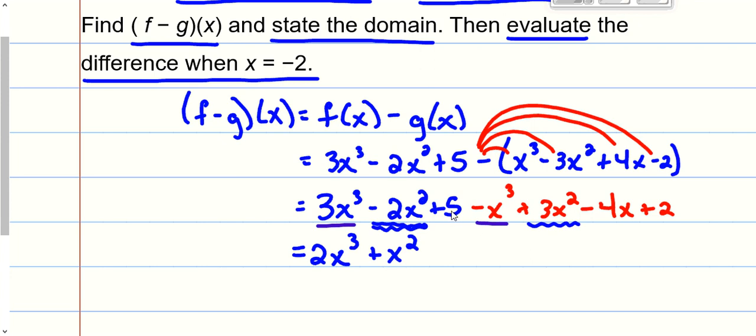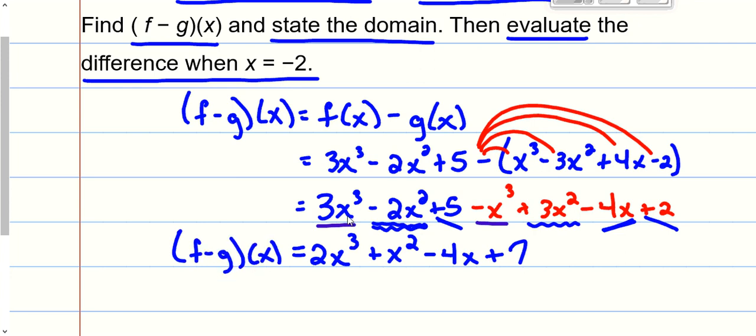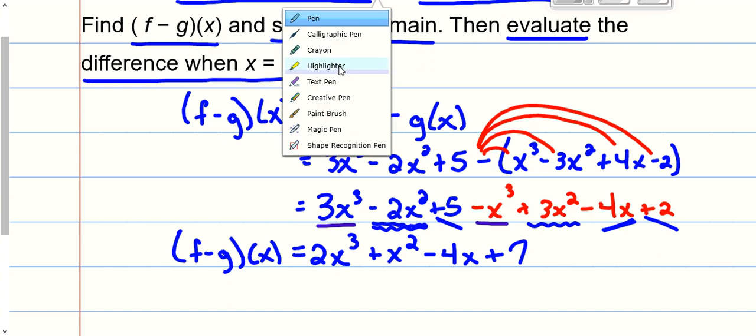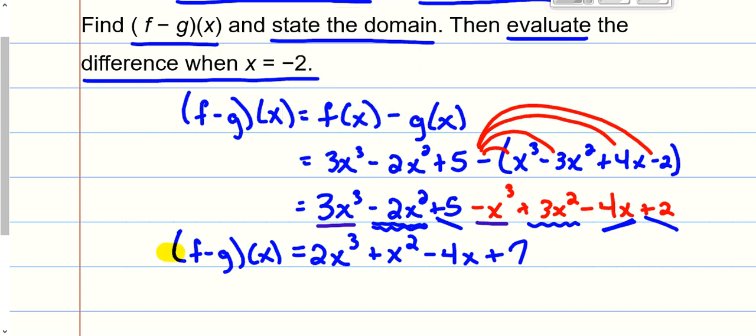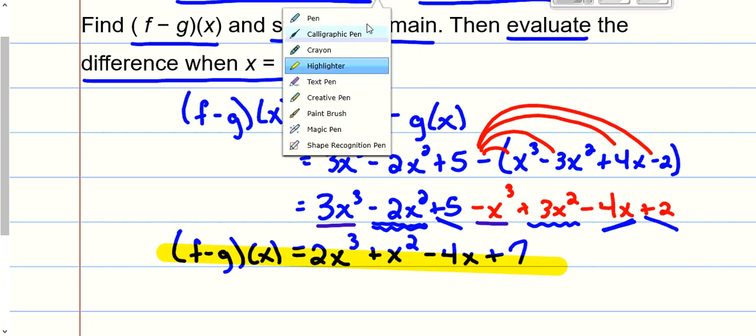Now, this goes straight to 5, but I have an x term down here, so that x term right there is negative 4x. Then I can come back and get my 5 plus my 2, which is going to give me a positive 7. So I have f minus g of x is equal to 2x cubed plus x squared minus 4x plus 7.